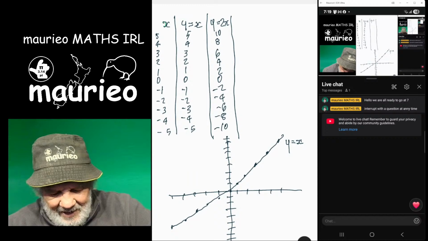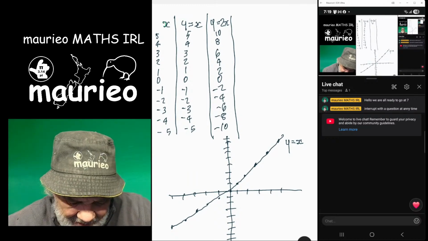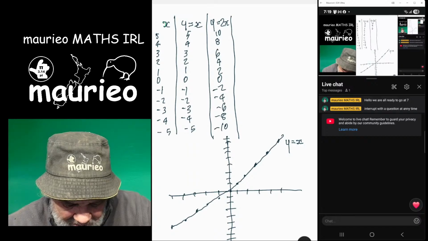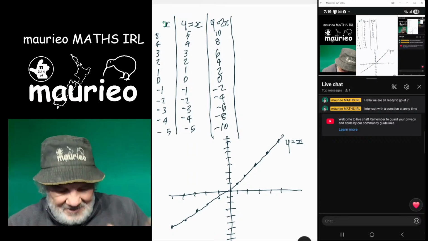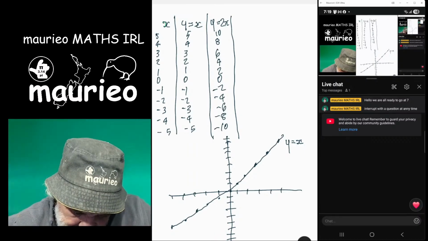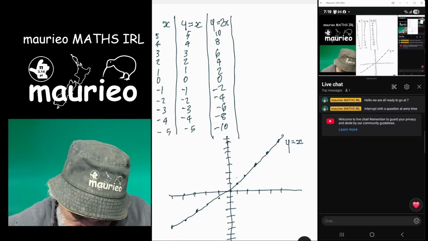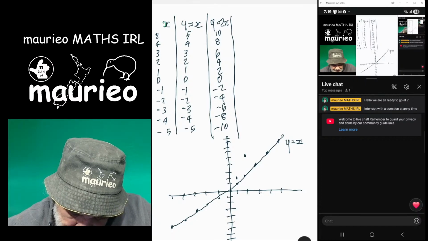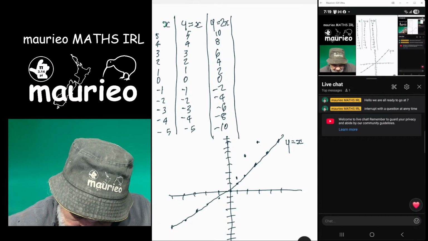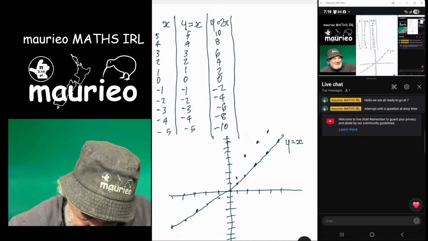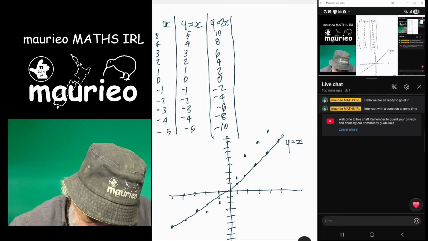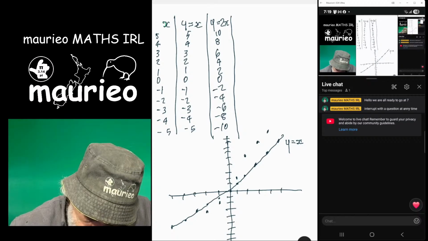And I'm going to ask the question, is it going to be steeper or flatter than y equals x?